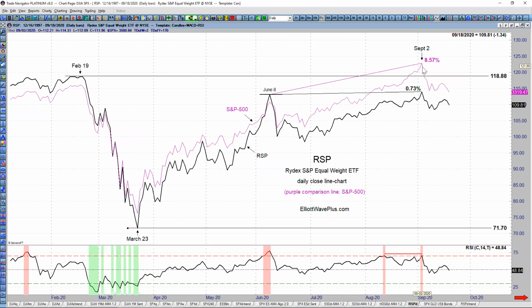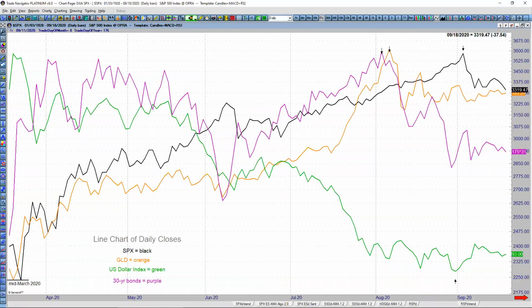And now you can see that the large cap stocks that were leading the parade higher are also leading lower here, playing a little catch up ball, and they've been more bearish than the equal weighted. These two generally are moving together, but it appears that the stocks that were leading are now playing some catch-up ball back to the downside.